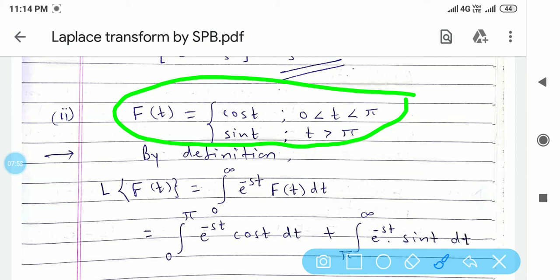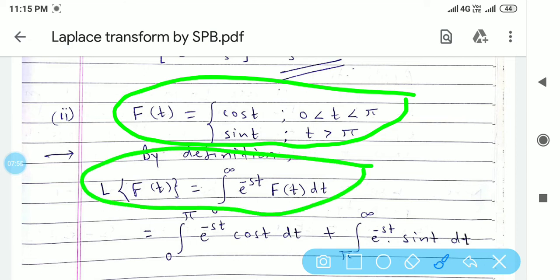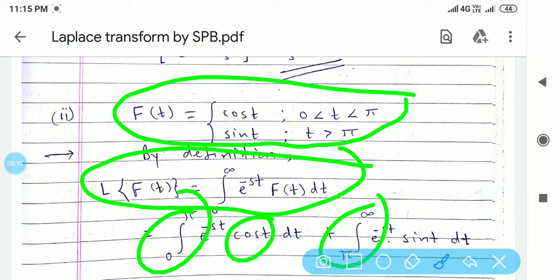By the definition of Laplace transform, Laplace of f of t is the integral from 0 to infinity of e raised to minus st f of t dt. Now 0 to infinity is divided into two parts, 0 to pi and pi to infinity. On 0 to pi the function is cos t, and on pi to infinity the function is sin t.